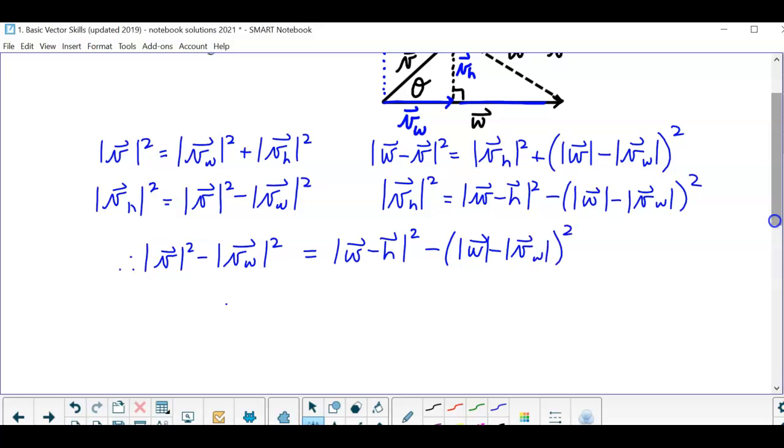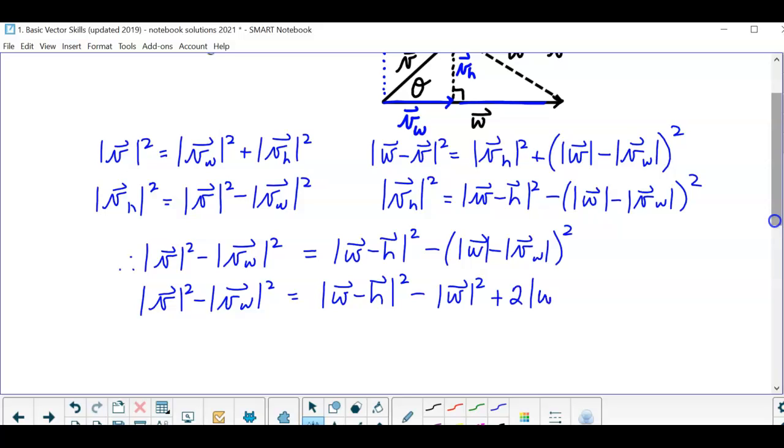Now I'm going to expand out. So that would be minus 2 times a negative is a plus, and then plus minus.